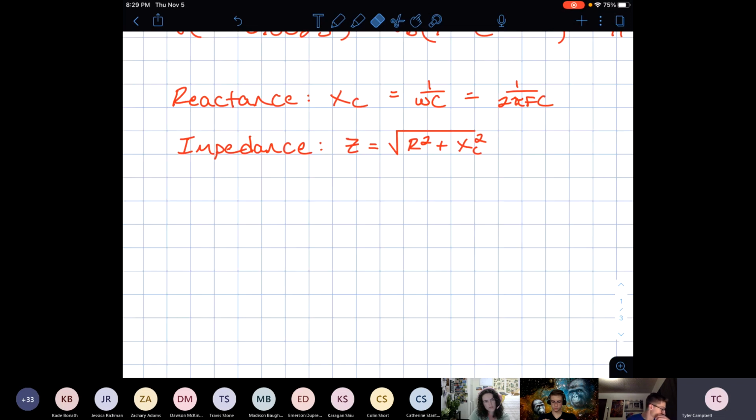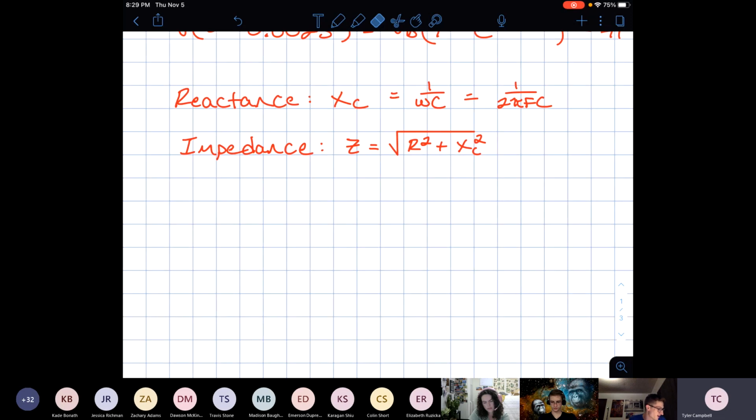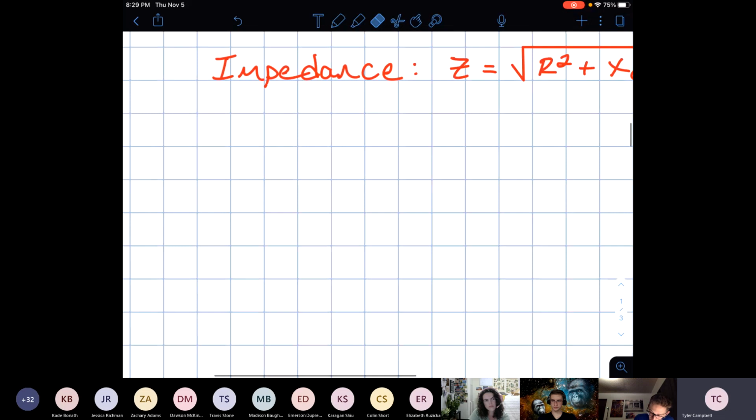So other than that, oh yeah, the RMS stuff. Nick, correct me if I'm wrong, but all I have for RMS is that, let's take current, for example, I RMS is equal to the max current over the square root of 2.